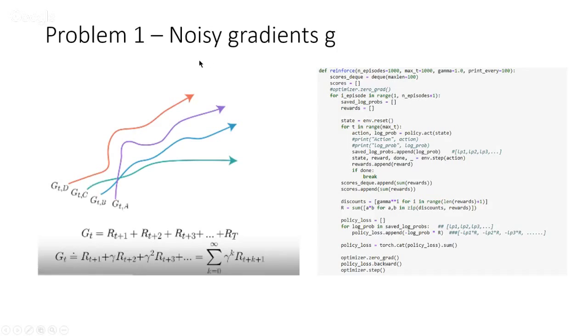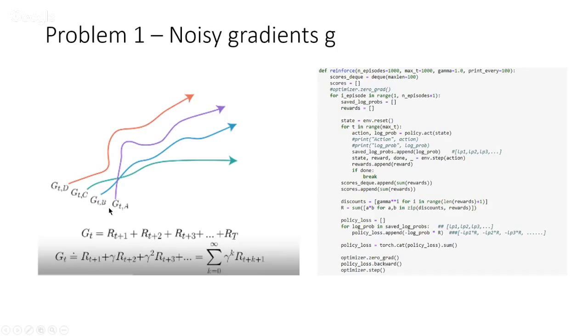So the problem is that each trajectory will be far away from each other, because even though you start with some random state in the beginning and they might not differ much, there are some random events happening in the middle that separate or disperse these trajectories from each other.